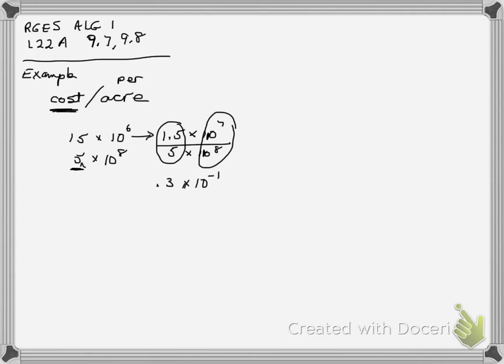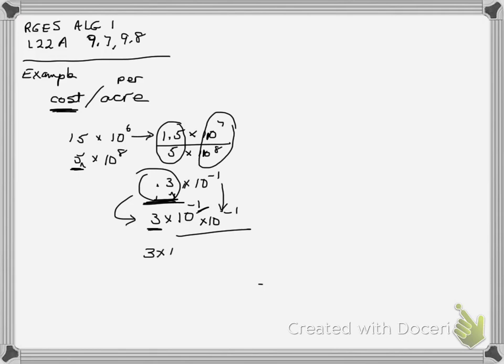Now we want to put this in a better form, with the decimal in the right place. I'm rewriting just this part, because the negative exponent means a smaller number, which it is when it's 0.3, and then you carry down the rest. You can do this in your head or on paper, and then combine that and you get 3 times 10 to the negative 2, and that is my answer.